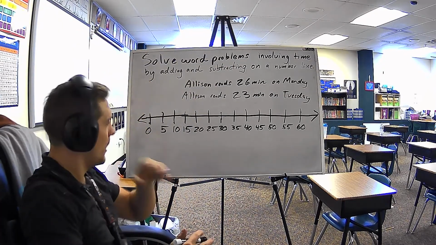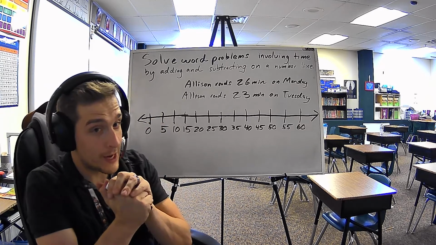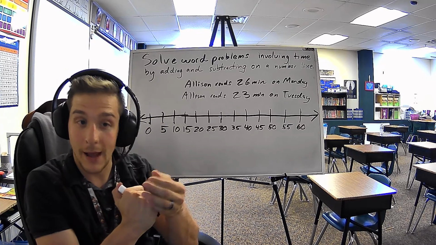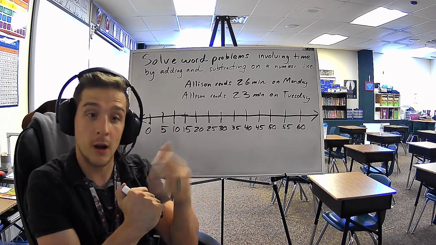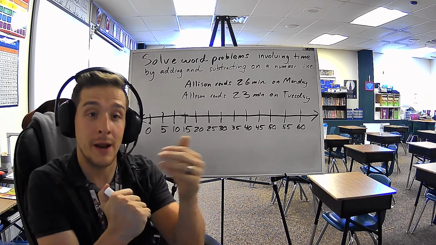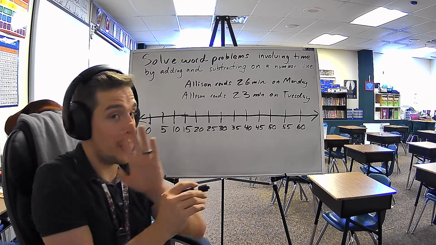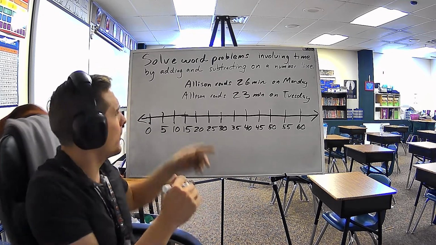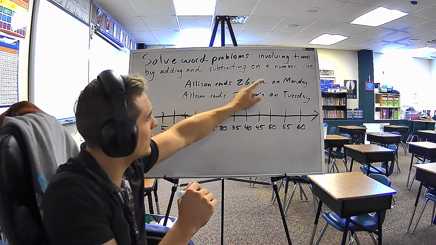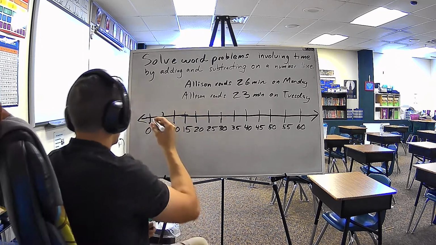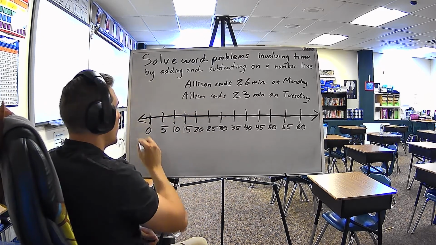Now, I'll show you an example of what I have seen in the past of some examples scholars might make. Now, when writing this out, I will see this a lot. Okay, so Allison reads 26 minutes on Monday, and so I'll start at 0 and I'll go up to 26.